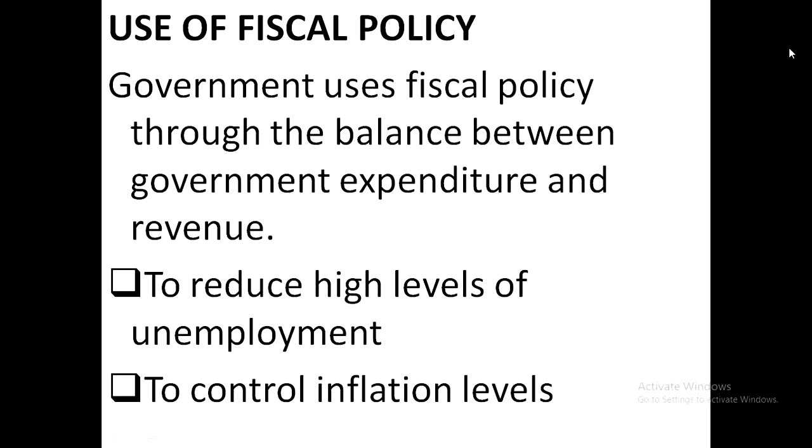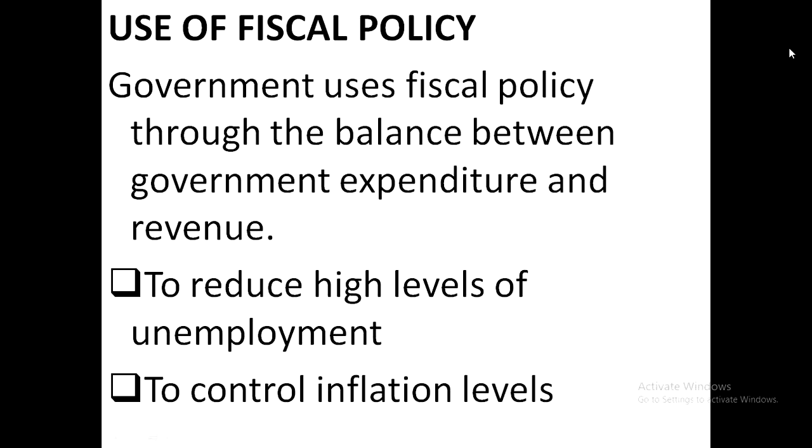So under contractionary fiscal policy, government does exactly the opposite of what it does when government is carrying out an expansionary fiscal policy. Government must reduce its expenditure and increase tax.